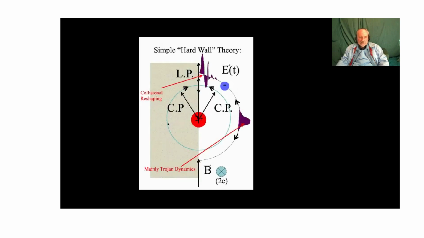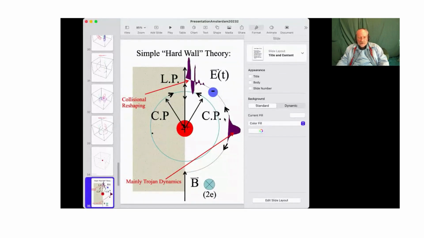There is a simple hardware model of this, where the electron is moving on a half circle and bouncing off the rigid wall. And of course these packets are not fully shape invariant. With this configuration they are slightly changing shape. This is also the electric field.